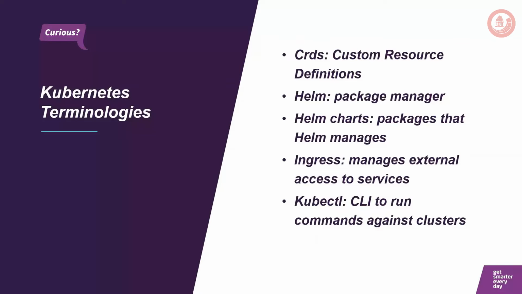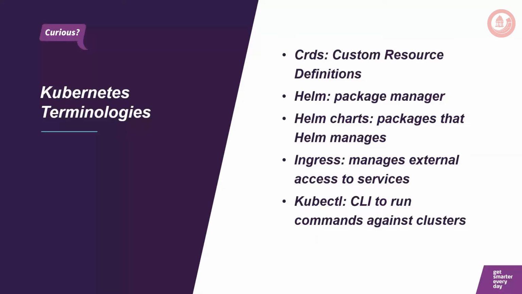So it is the package manager, and the packages themselves that Helm is managing are called Helm charts. And these charts will have some settings, some definitions, which will be used by Kubernetes, and these are called custom resource definitions. So these are Helm, Helm charts and custom resource definitions.